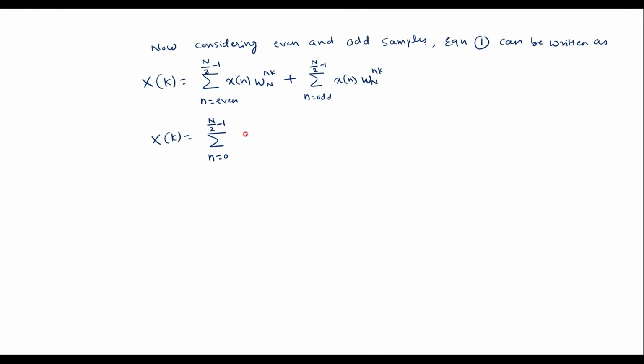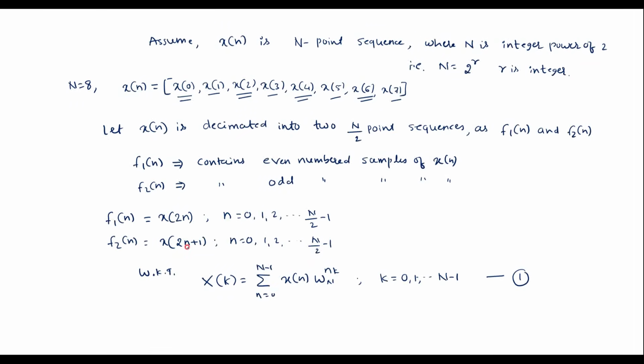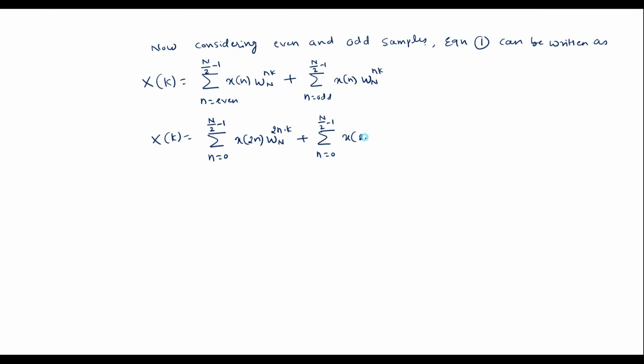The even samples we have represented as x of 2n times W_N power 2n into k, plus this summation over odd samples, n equal to 0 to n by 2 minus 1, of x of 2n plus 1 times W_N power 2n plus 1 into k.